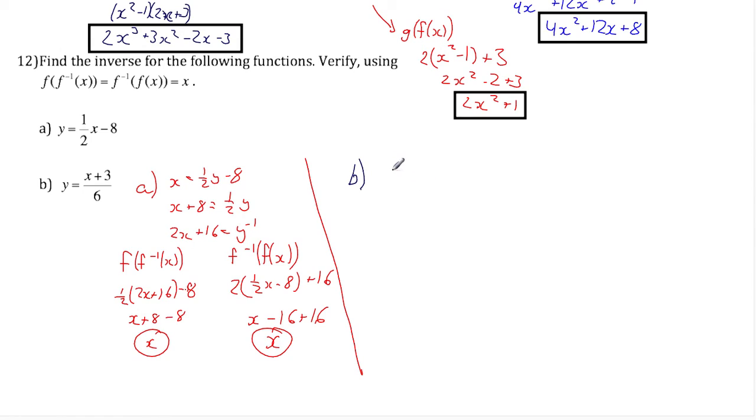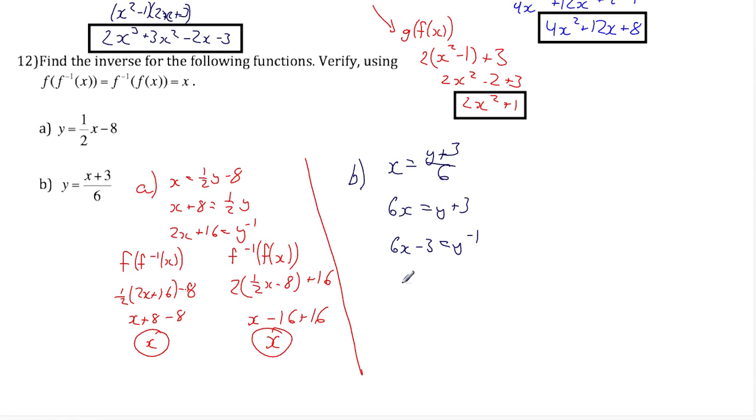For b, we want to switch the x and the y, so we get x is equal to y plus 3 over 6. So we're going to multiply both sides by 6, so we get 6x equals y plus 3. Subtract the 3, so we get 6x minus 3 equals the inverse of y. That's an equal sign, just an ugly one.